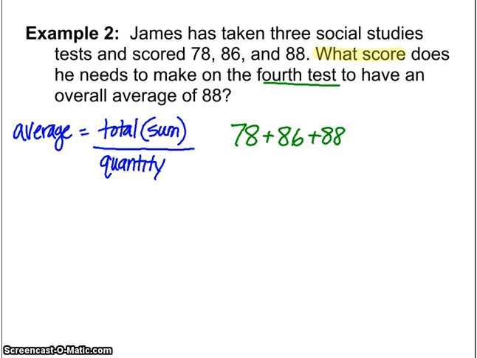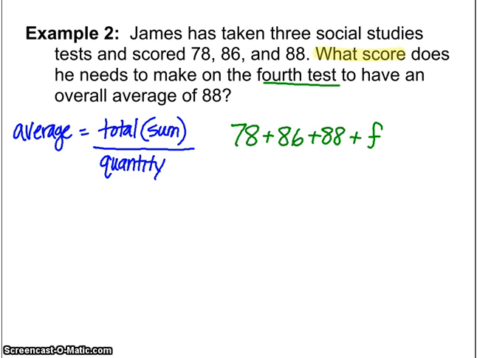Do I know what the 4th test is? I don't. So I was going to put a T, but it kind of looks like my addition sign. So I'll put F for 4th test. So we have our first test, our second test, our third test, and our 4th test.